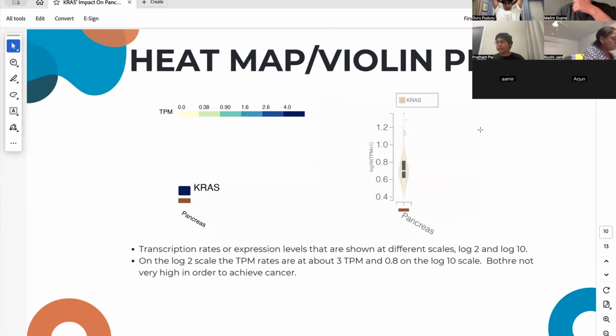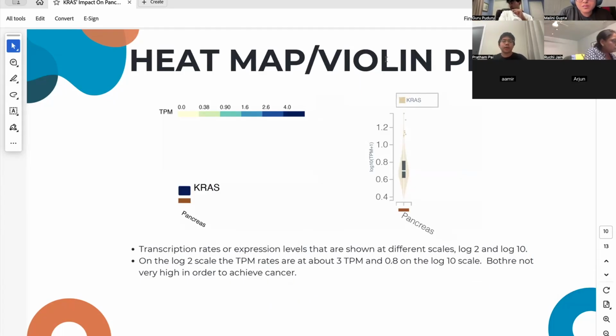And finally, the heat map and violin plot, I believe, is the last group of graphs. These show us the transcription rates we need to be wary of in further studies that cause these tumors. The heat map measures on the log2 scale, and there are log2 and log10 scales, which are two different types of scales used to measure the transcription rates.